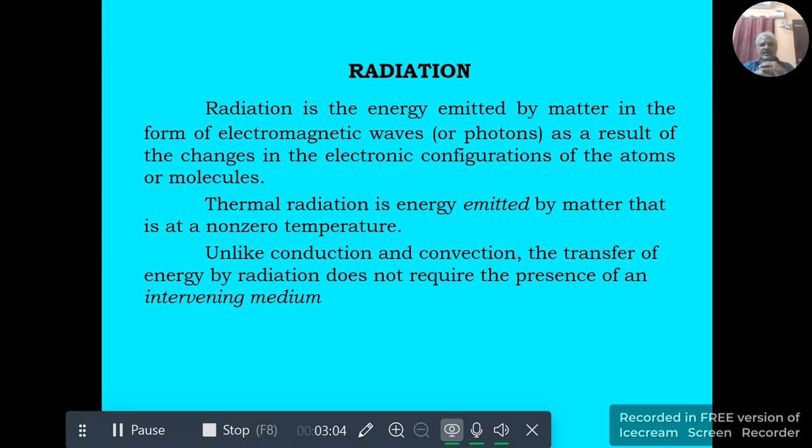Radiation is the energy emitted by matter in the form of electromagnetic waves or photons as a result of changes in the electronic configurations of the atoms or molecules. Thermal radiation is the energy emitted by matter that is at non-zero temperature. Radiation heat transfer does not require the presence of an intervening medium.